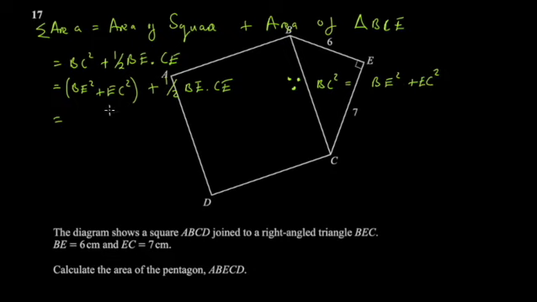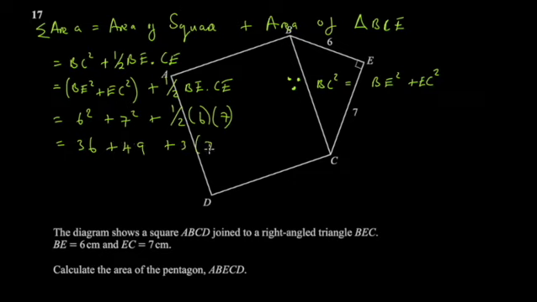So this is it, and then here now you're just going to substitute and say BE squared, so it's 6 squared plus 7 squared, then plus half, then BE it's equal to 6, then CE is equal to 7, then you get 36 here plus 49 here, then plus 3 by 7 here, which is 21. Then you say 36 plus 49 plus 21.